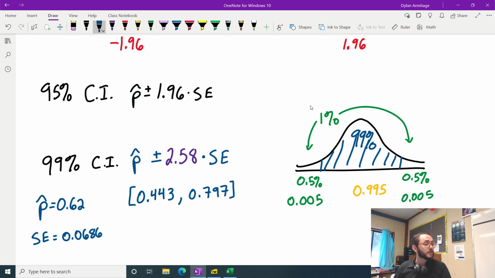So we're just stuck with that, and that's all we have. Now later on, we can use this to make certain claims about whether a particular value for the population is supported by our sample or not. But right now, we just have this confidence interval.